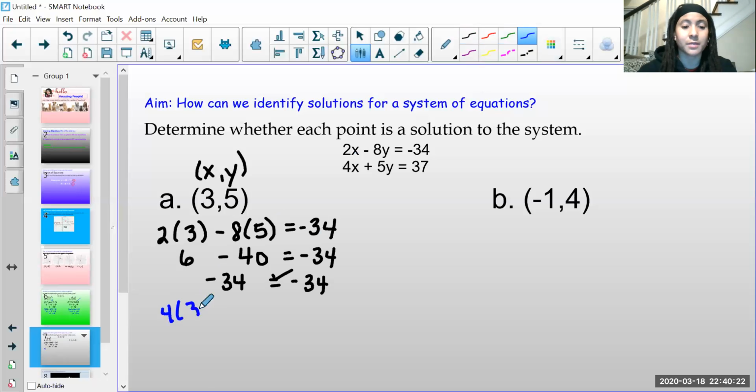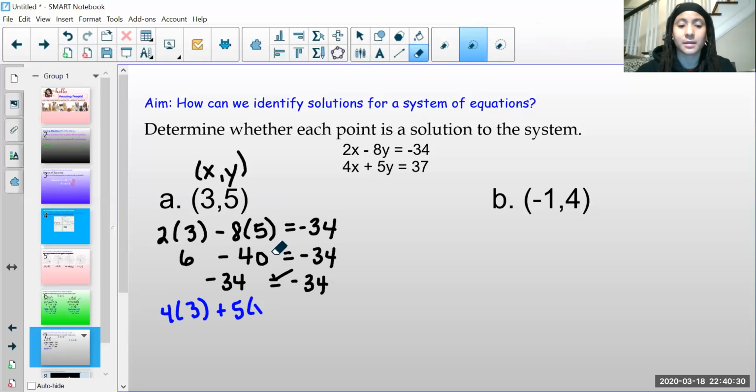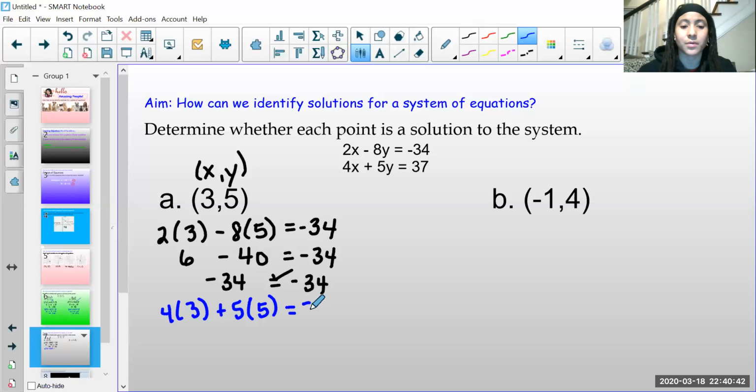4 times 3 plus 5 times 5 equal to 37. 4 times 3 is 12, plus 5 times 5 is 25.